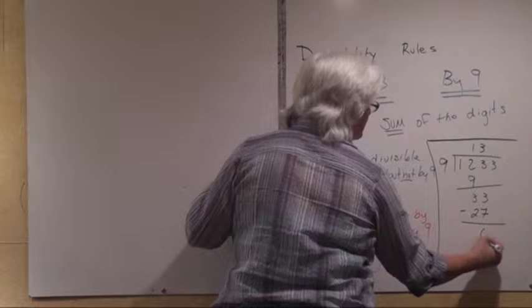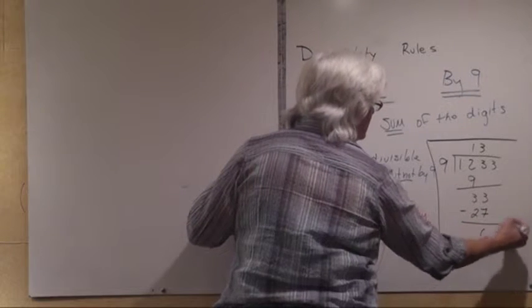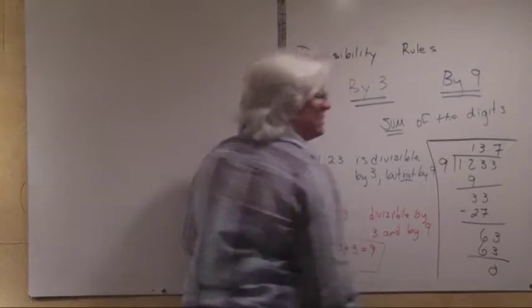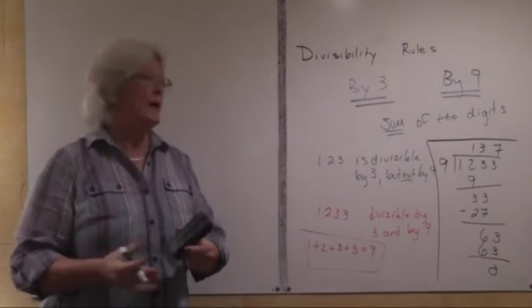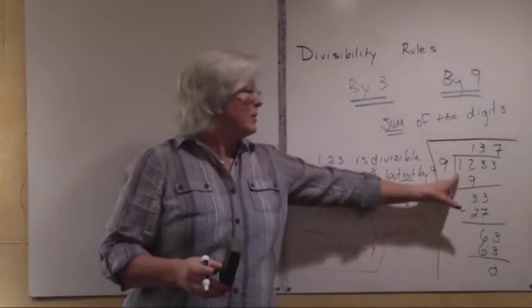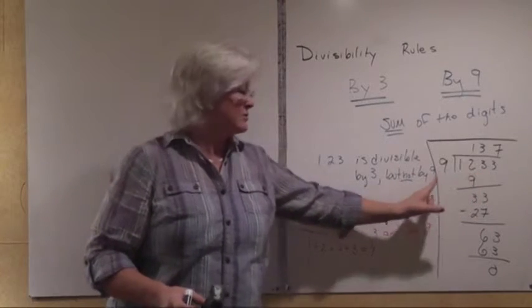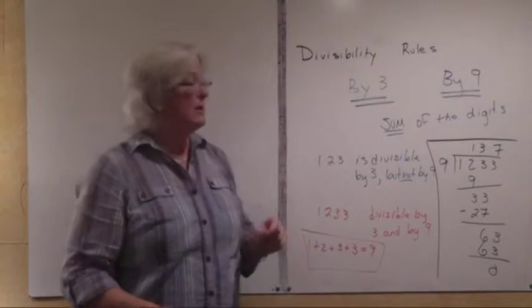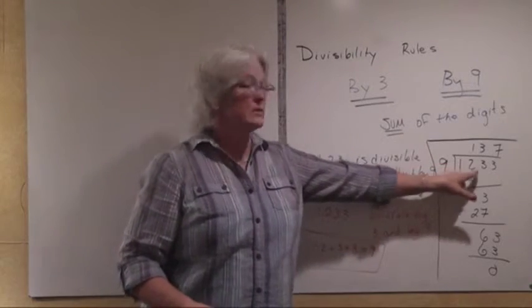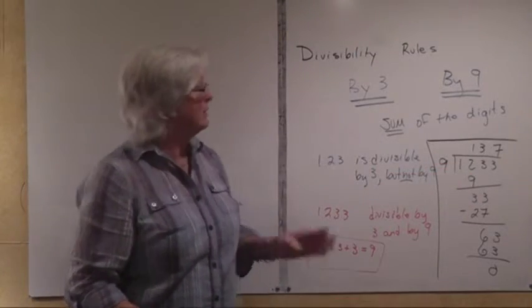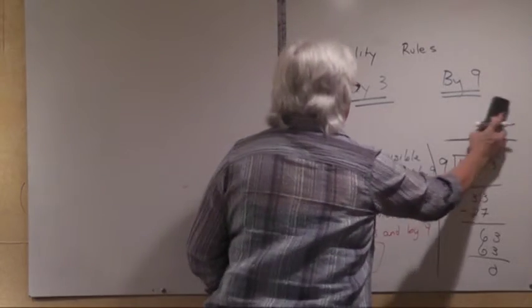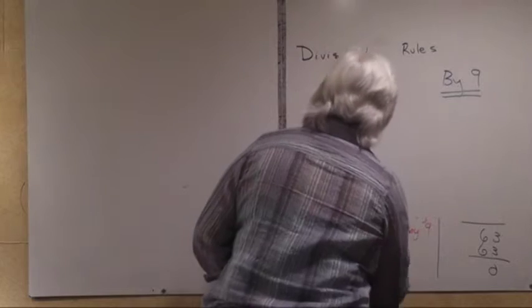You subtract, you have 6, bring down the 3. 7 times 9 is 63. There is no remainder. So 1,233 is divisible by 9. 9 times 137 is 1,233. So these are the divisibility rules. By 3 and by 9 we use the sum of the digits.